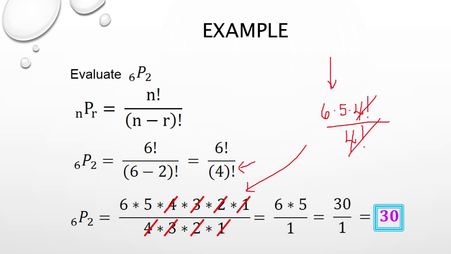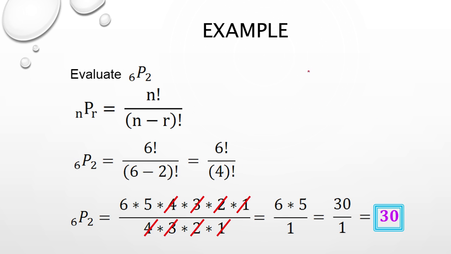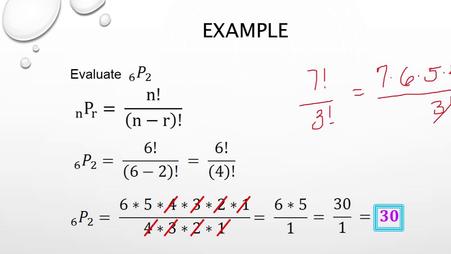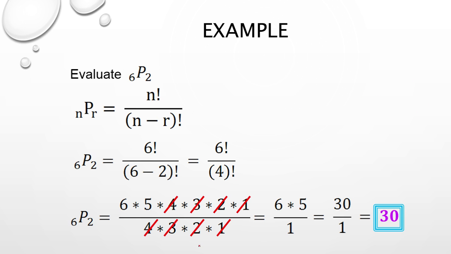If it was, for example, 7 factorial over 3 factorial, then you want to write 7 times 6 times 5 times 4 times 3 factorial. You basically want to be able to cancel out, so just write until the numbers cross, and then you can cross those out. Then you would have 7 times 6 times 5. Alright, moving forward, I'm going to do it that way just because it's quicker for us.